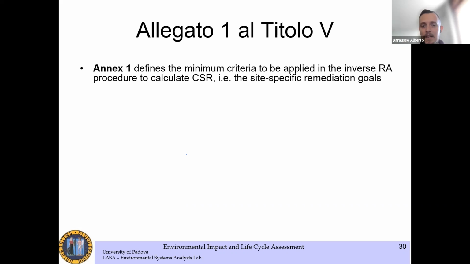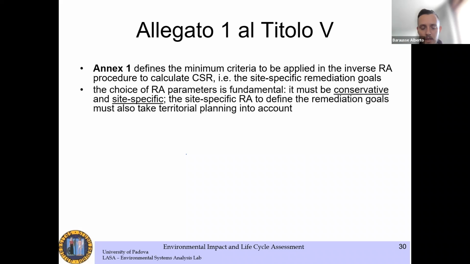There are technical annexes to Italian legislation telling you how to do this, in terms of modeling and approaches, for example the choice of modeling parameters when you perform a risk assessment. We'll see some examples in the next slides.